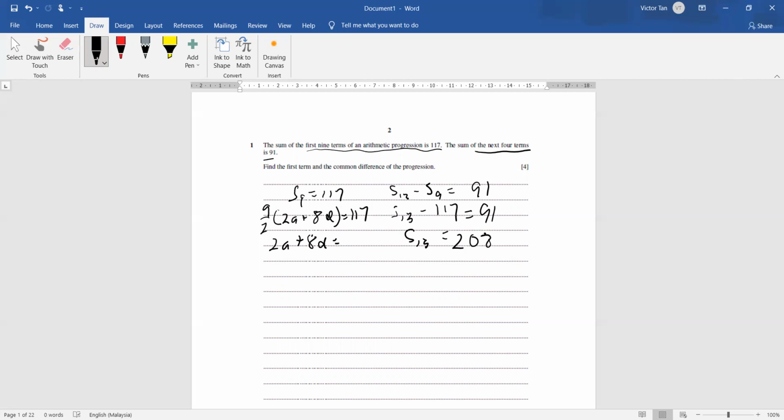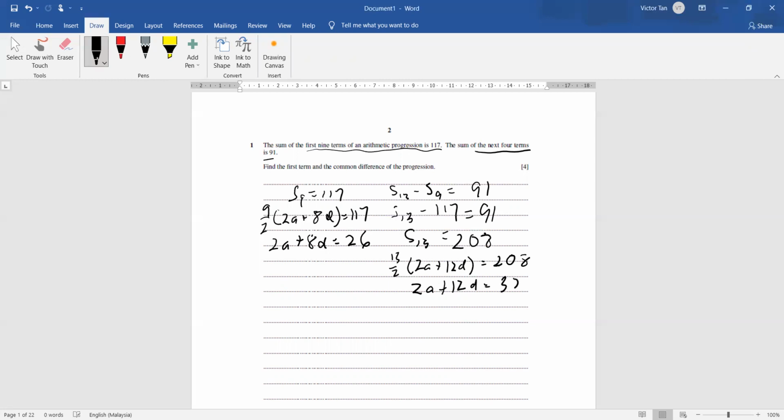Divided by 9 is 13 times 2, 26. So here is 13 over 2, 2a plus 12d, equals 208. 208 divided by 13 is 16 times 2, 32.